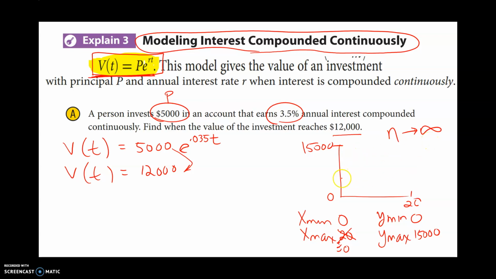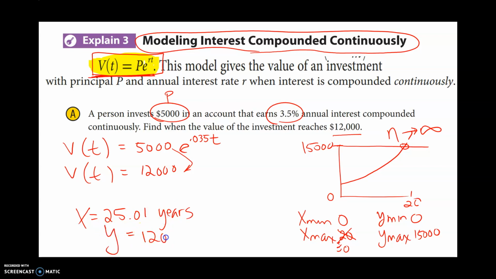Now it's doing this, and I have an intersection. Second calc, go down to my intersection. First curve, second curve, guess. It says at 25.01 years, which is for all intents and purposes 25 years, it'll take me 25 years to get a value of $12,000. Not bad, right?